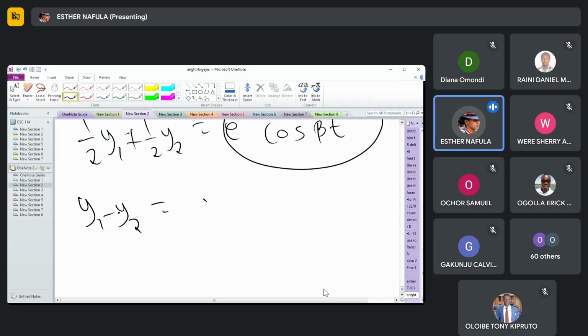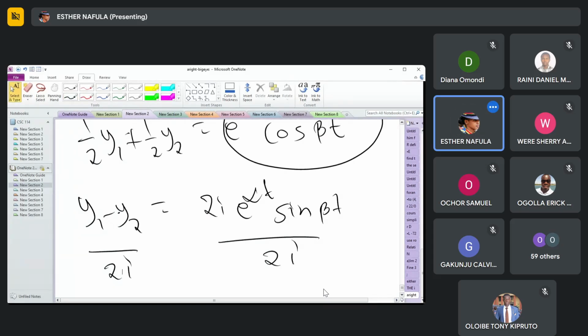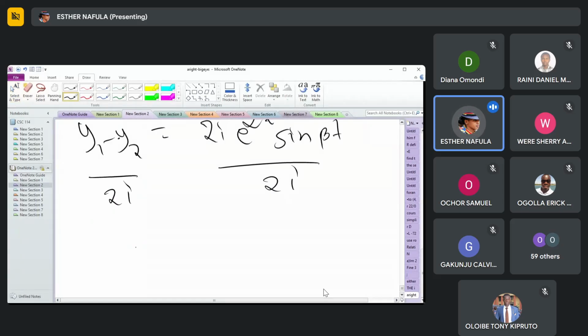The cos beta t is what will vanish, so you'll have 2i e to the alpha t sine beta t. Divide through by 2i, and you arrive at your second real solution. Y2 is e to the alpha t sine beta t.